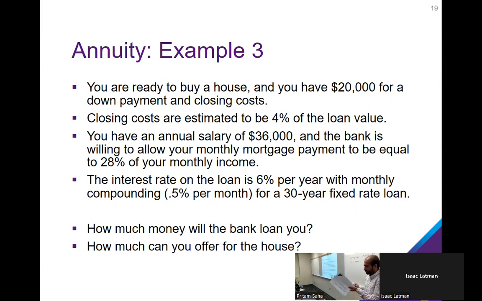The bank is telling you, based on how much you earn per month, you should use 28% of that to pay for each month's loan payment, right? So you can think this value is basically the annuity or payment in the financial calculator. Make sense?